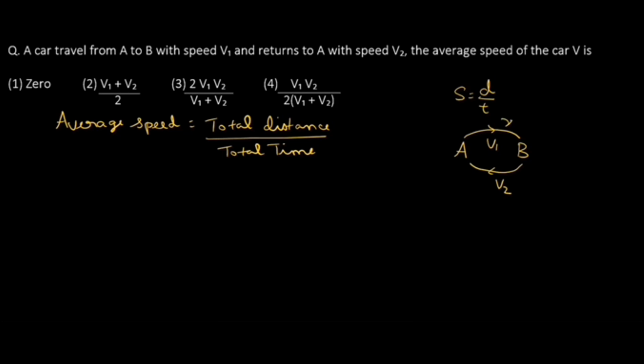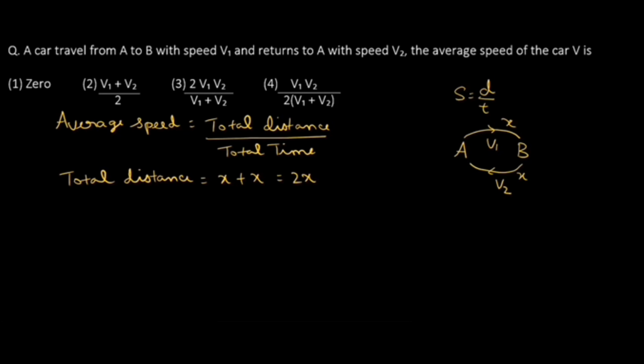From A to B it travels the same distance x, and from B to A it travels the same distance of x kilometers. So the total distance will be x plus x, which is equal to 2x.